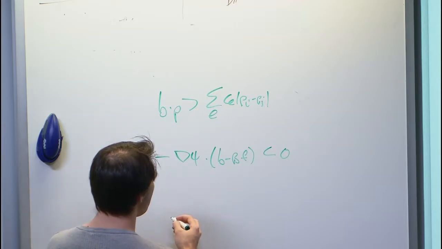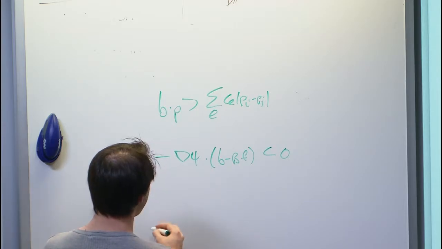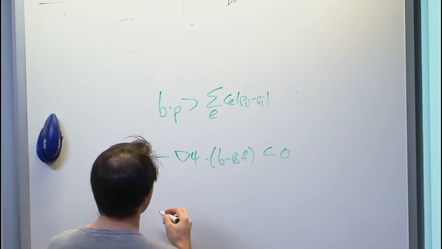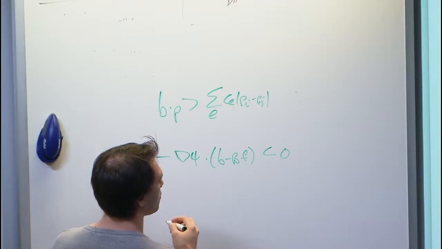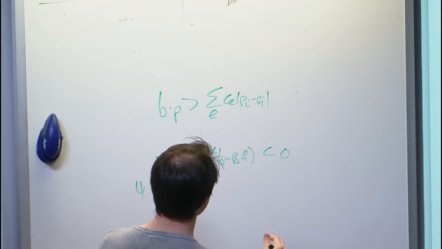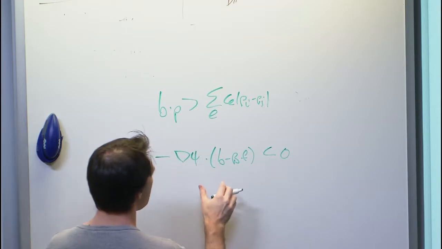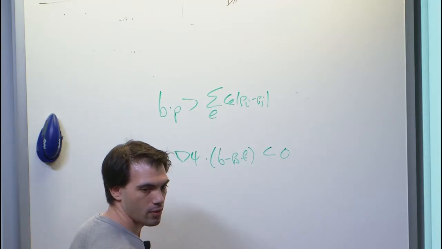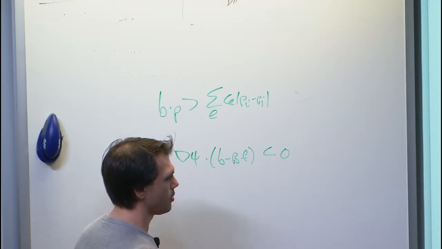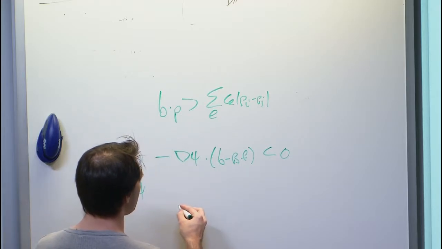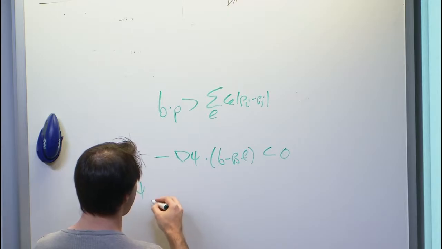So what that means is that psi is only going to grow second order. The growth of psi only gets contributions from the second order term. That's what ultimately allows you to prove something like this.